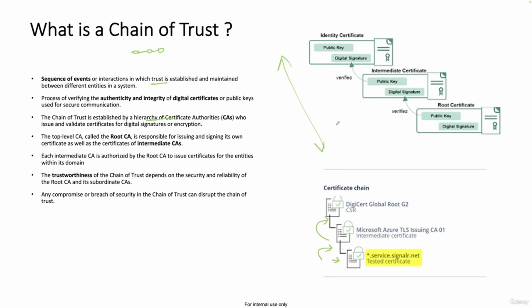So if anybody hacks into the intermediate CA and changes some information, it will break the chain of trust. The web browser can easily come to know that somebody has gone in and changed something, and this is where it will say that it's an invalid certificate, right? So it's very important that this chain of trust is maintained throughout the communication between the client and the server.